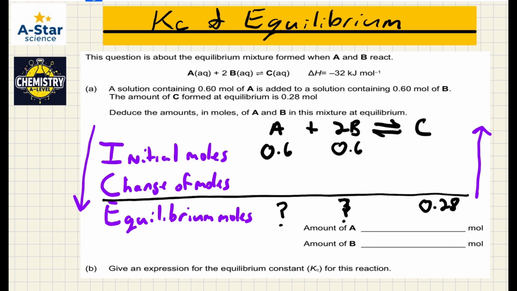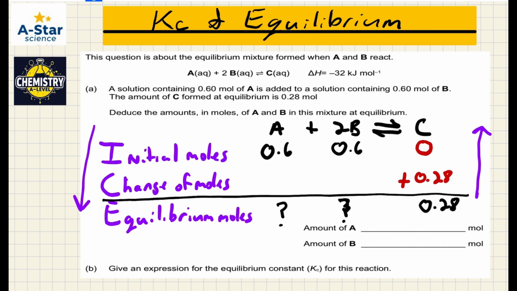So here we can see that C, initially when the reaction started, there was 0. There was no C because the reaction just started. But at equilibrium, it was 0.28. That means that the change of moles was plus 0.28. So if this went up, the other side must go down.